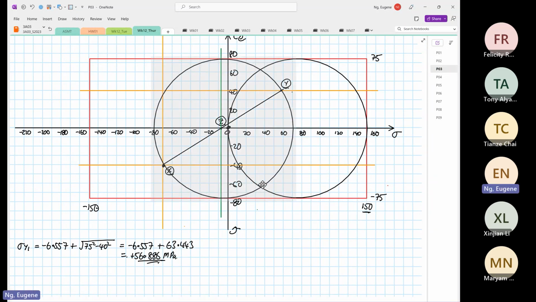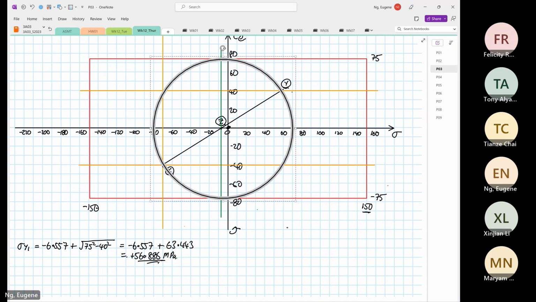So we know that this is one circle. This circle belongs to your XY plane, which is your in plane.